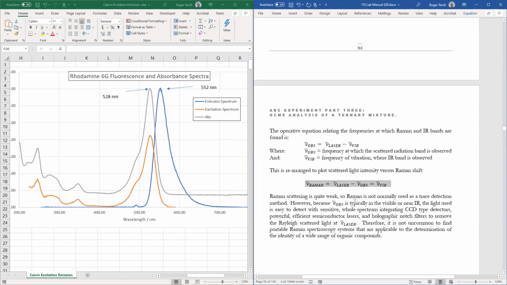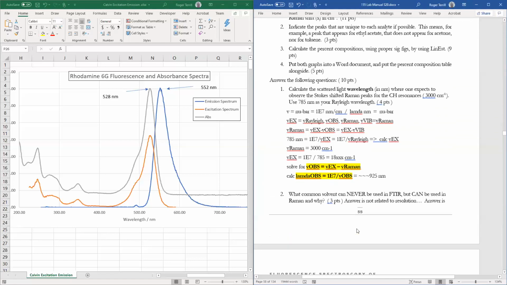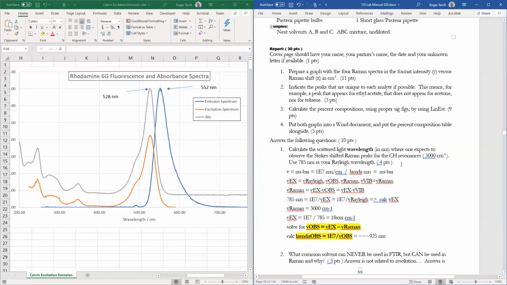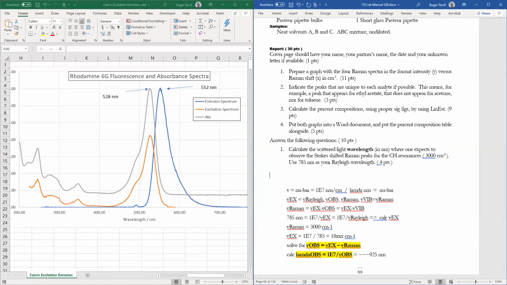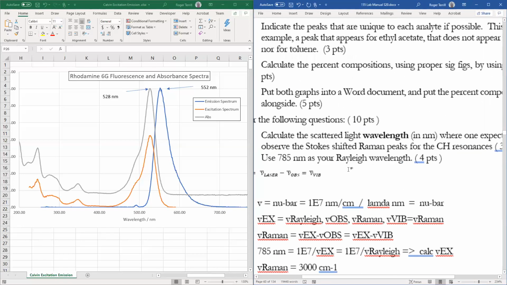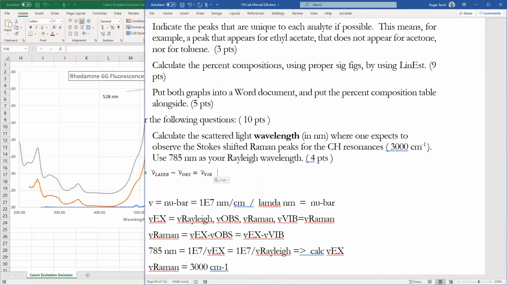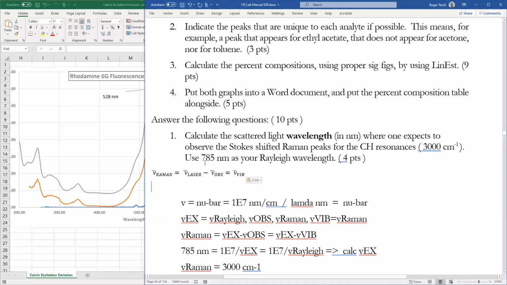Let me grab this and pop it in here, and try to make it larger so it's not microscopic.